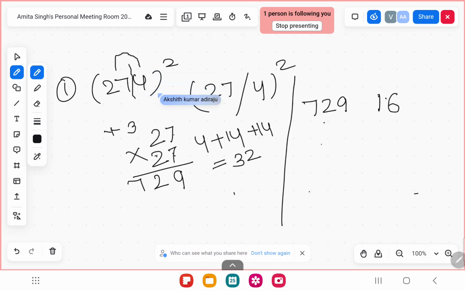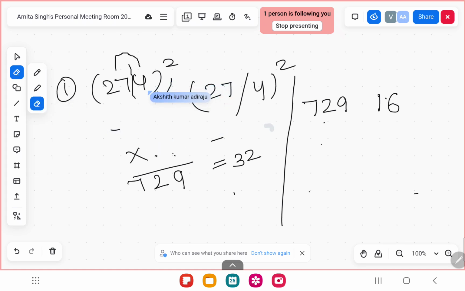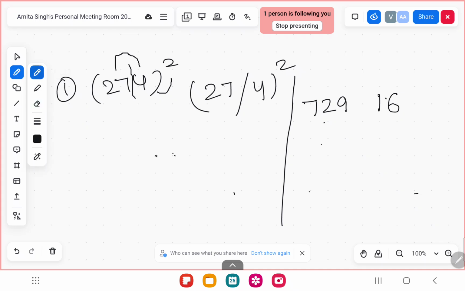Instead of multiplying 27 into 4 and then multiplying that by 2, you can multiply 4 into 2 first and then multiply that with 27. That will be much faster. Exactly. But first we will go for the double method.